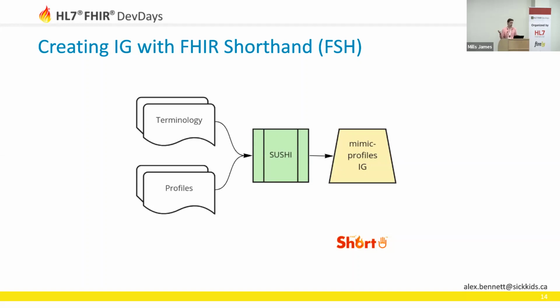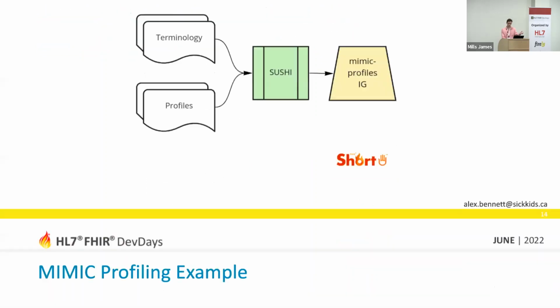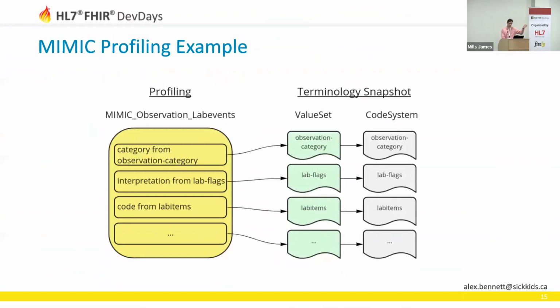It's very quick and easy to get up and running, so would highly recommend. That's what we use to do this profiling and binding of the terminology to those profiles. And so at this point, we have a MIMIC implementation guide that can be used to validate our resources coming out of the database.